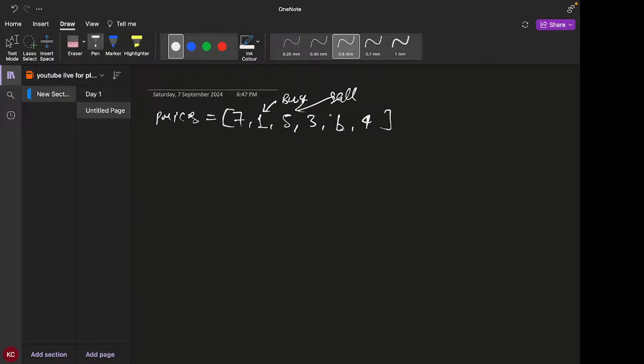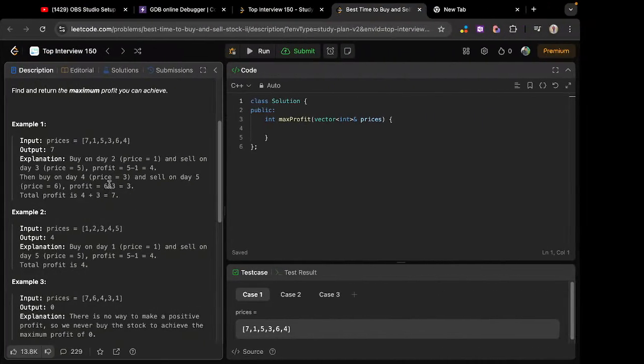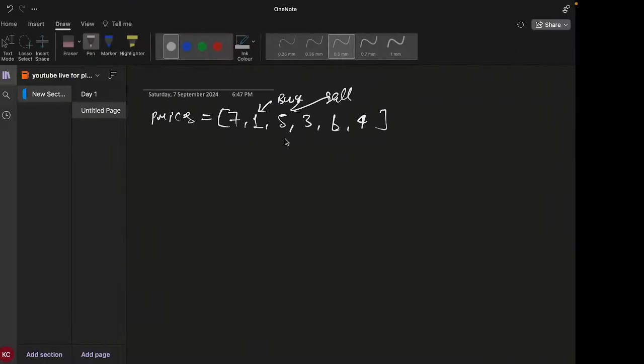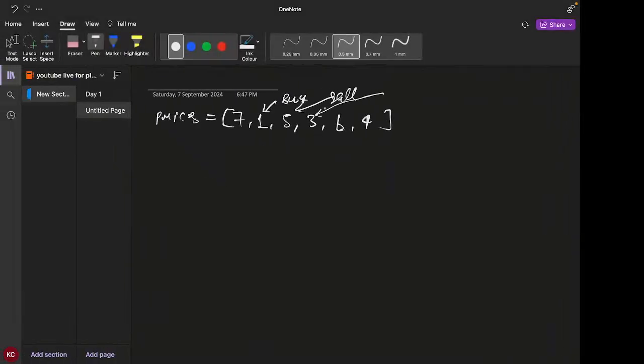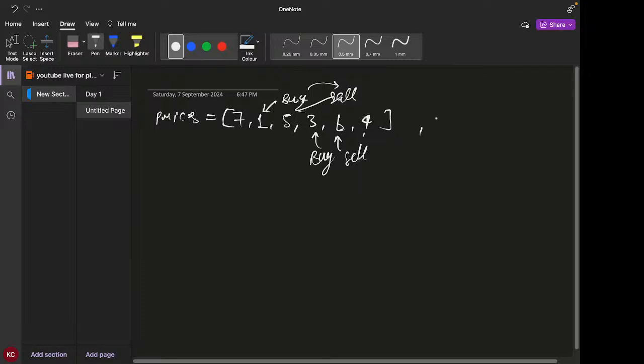Again I will have to buy and sell. And the logic is I can hold only one stock at a time.